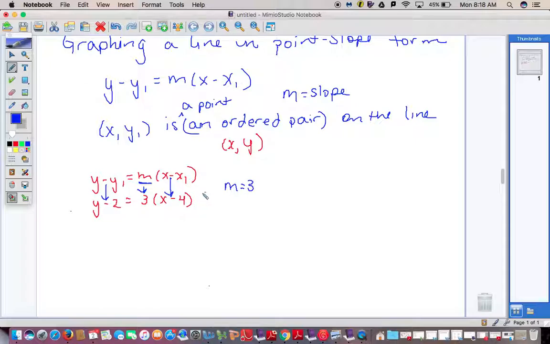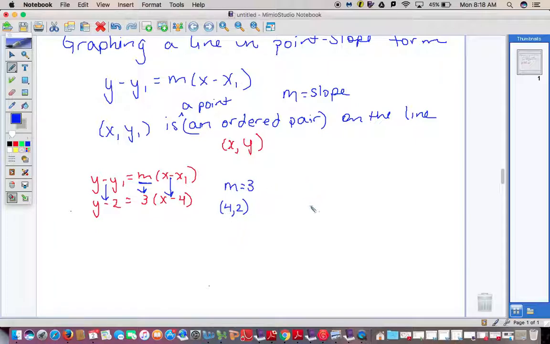And if they're not, we need to make them that so you can actually see what the ordered pair is. Because we have our subtraction signs in the right locations, our x1 value is the x value of our ordered pair, which is going to be 4. And our y1 value is the value 2. So we know our ordered pair is 4, 2, and our slope is 3.